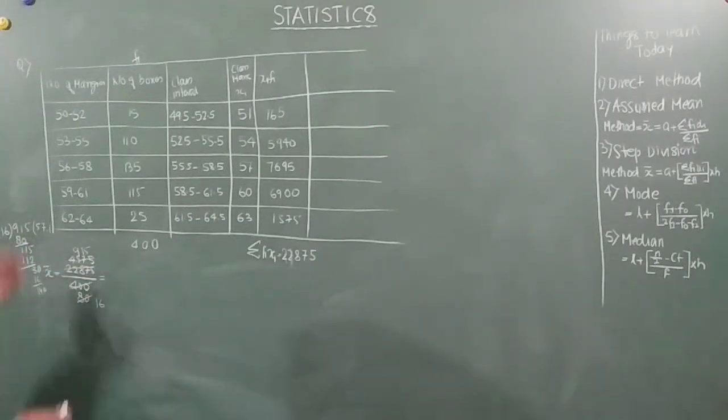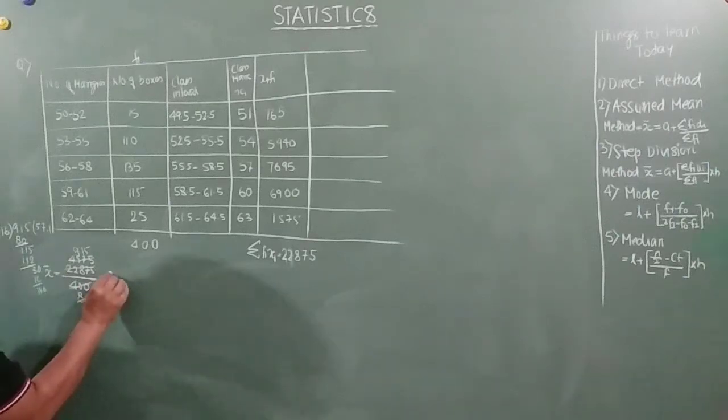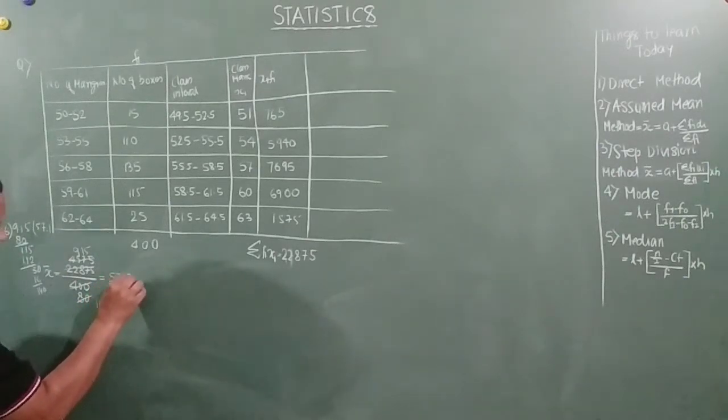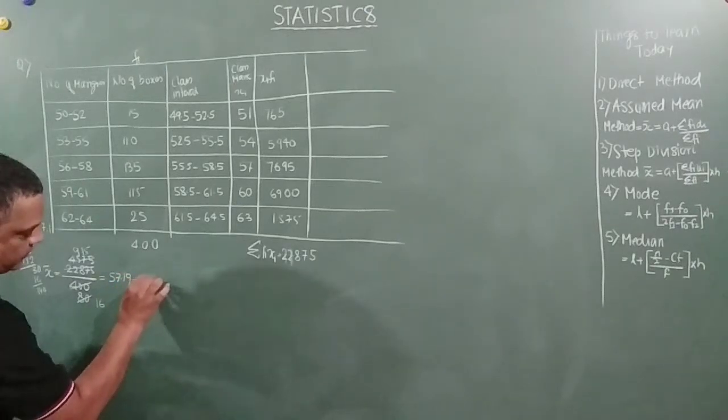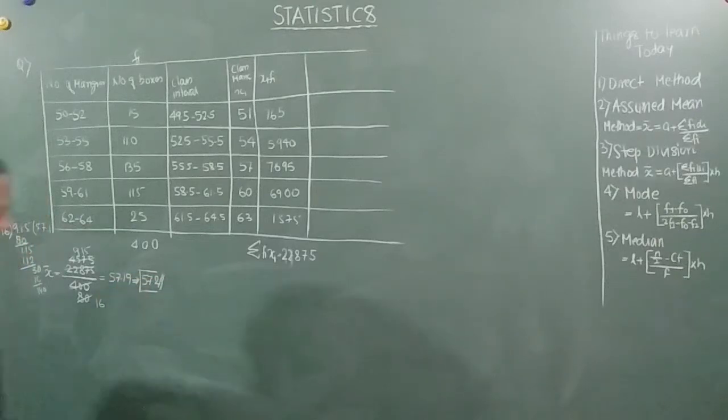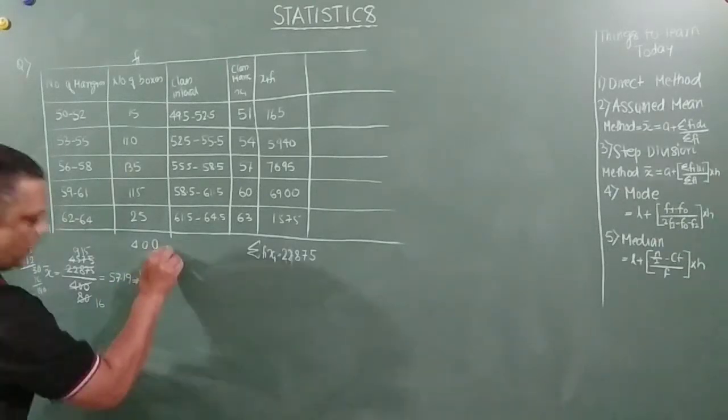So we will consider 57.19, so we will round it off to 57.2 and leave it here. Right, friends?